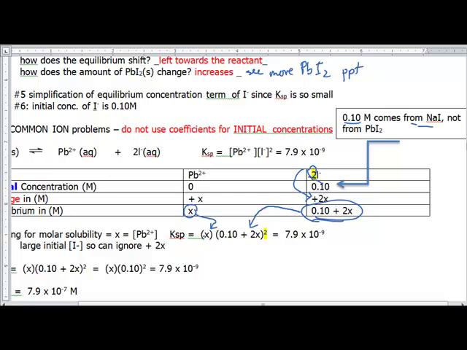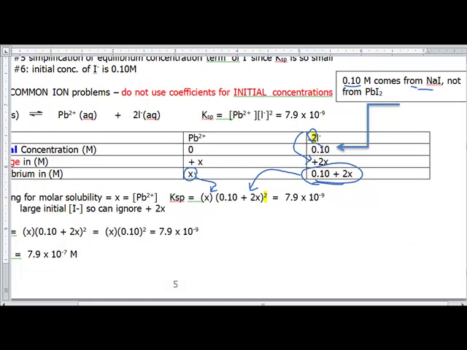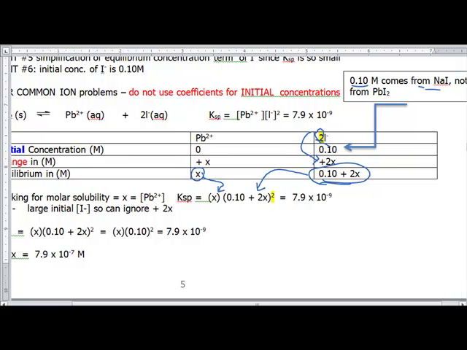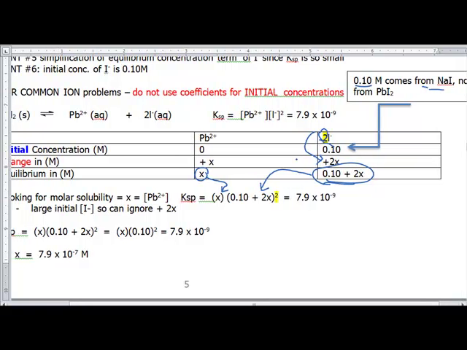Now, of course, this will become a terrible quadratic equation if we try to solve it just like that. So we want to use our simplification, looking at how big the KSP is versus my initial concentration, which is 0.1 molar. Even if I multiply this by 1,000, this 0.1 molar is still larger.